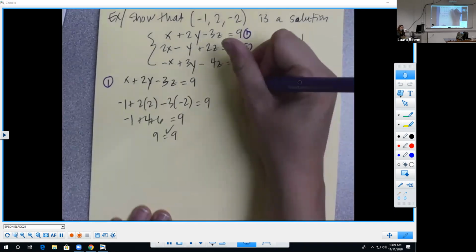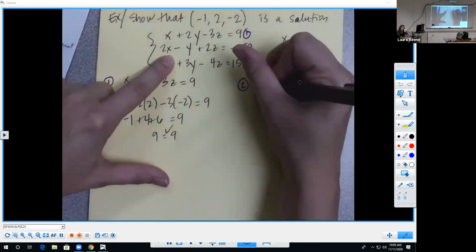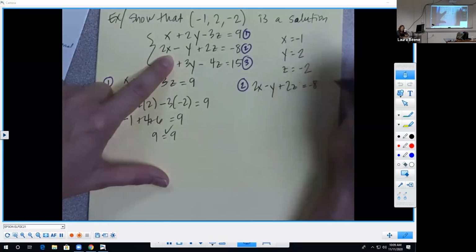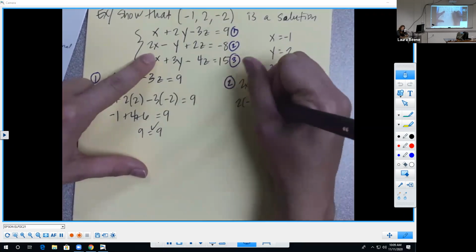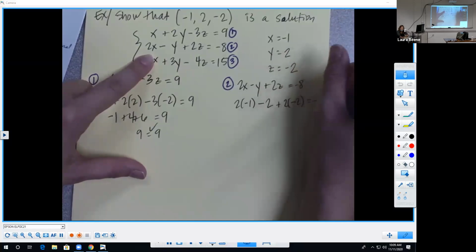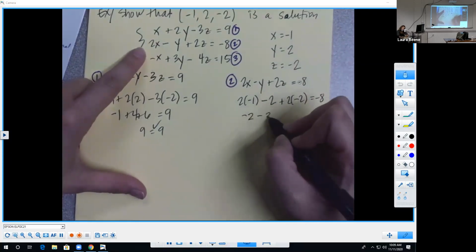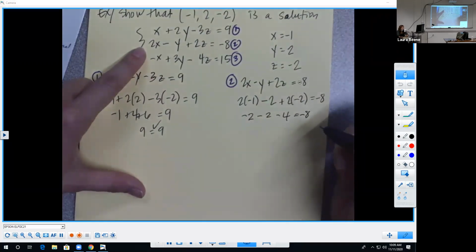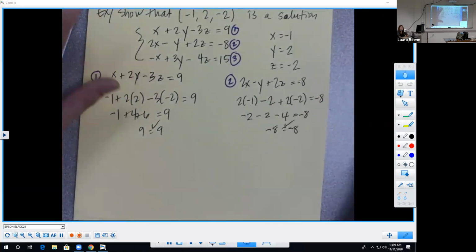Let's do it with the second equation. 2x minus y plus 2z equals -8. So 2 times -1 minus 2 plus 2 times -2. Does that equal -8? 2 times -1 is -2, minus 2. 2 times -2 is -4. And -2 and -2 and -4 is -8. So it works for the second equation.